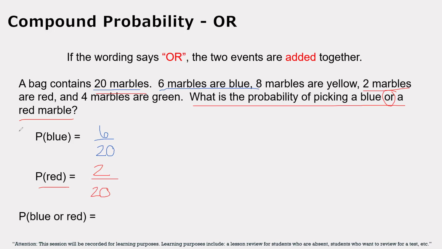So if we combine these and find the probability of us getting blue or red, because it could be one or the other, then we simply just need to add our two fractions together here, and that gives us a probability of 8/20, because there are 8 marbles that fit the category of being blue or red.